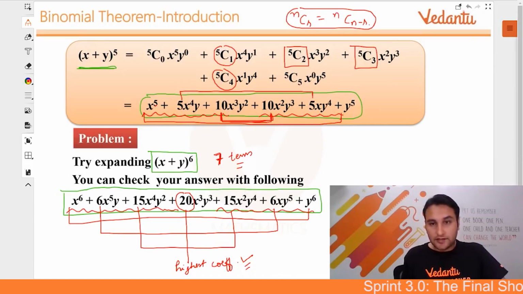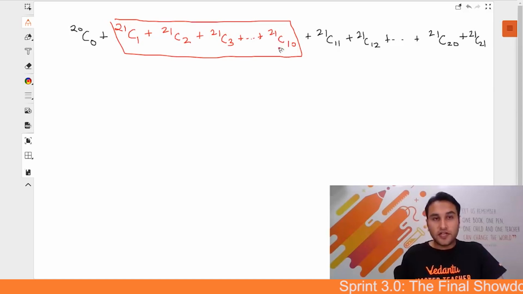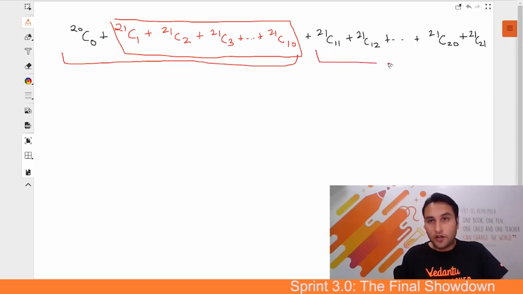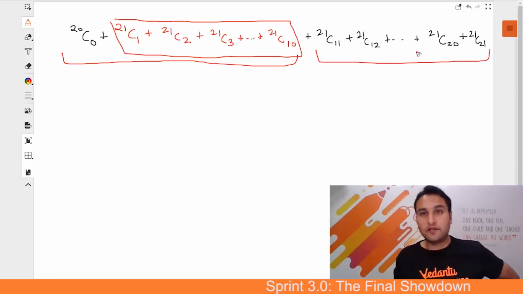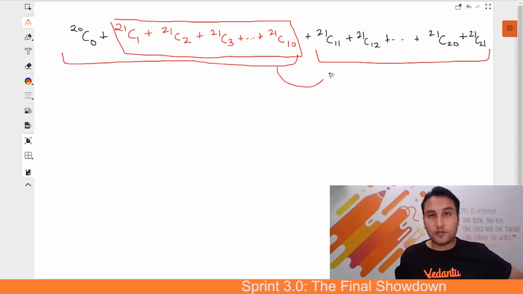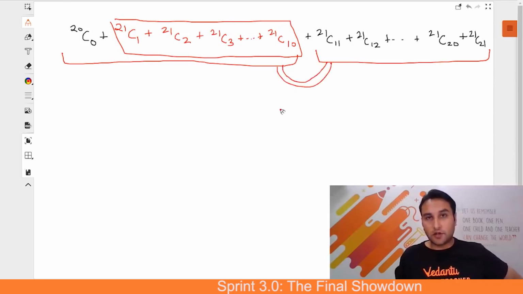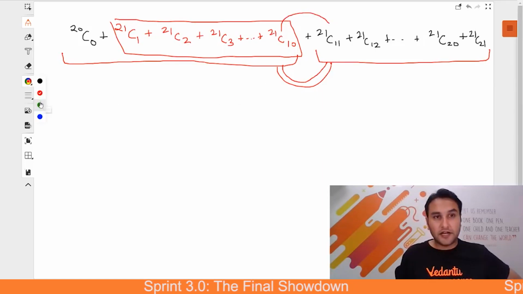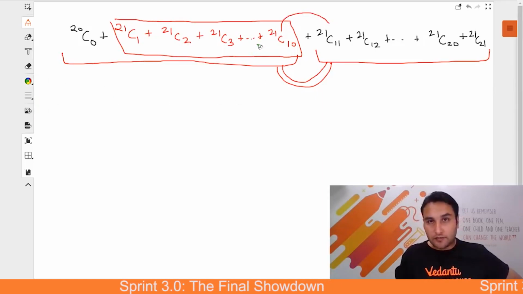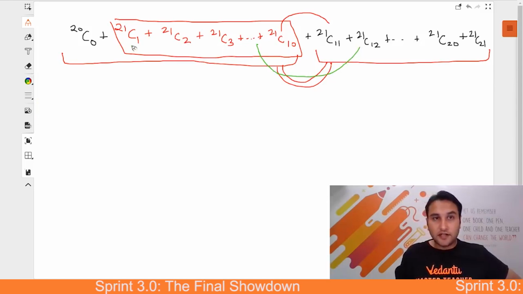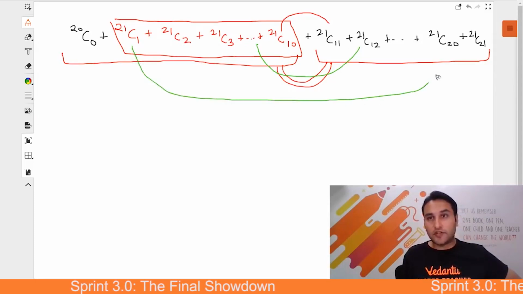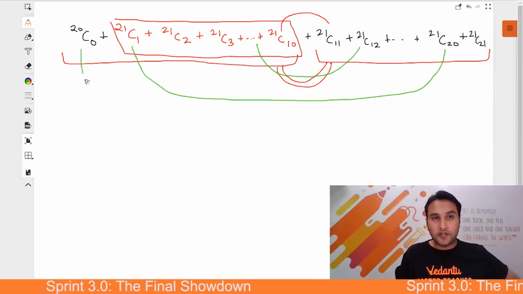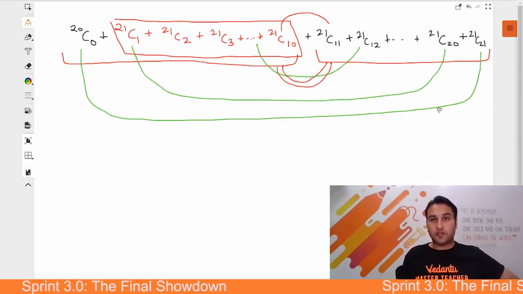Similarly, if you apply the same logic here, do you realize that all these terms and all these terms will be equal? These two will be equal to each other with the same logic, because 21C10 is equal to 21C11. Similarly, इससे पहले वाला term will be equal to this. 21C1 is equal to 21C20. Similarly, 20C0 is equal to 21C21.